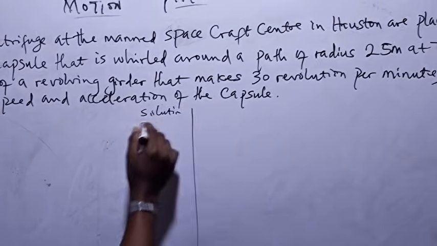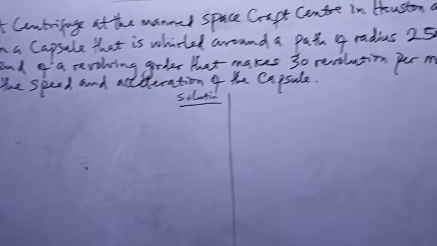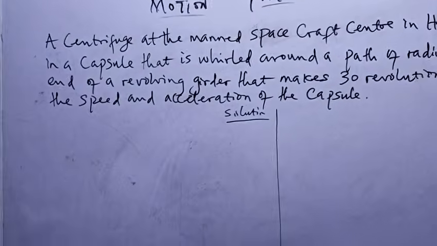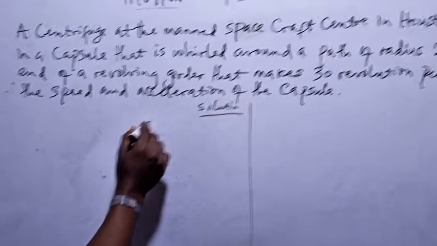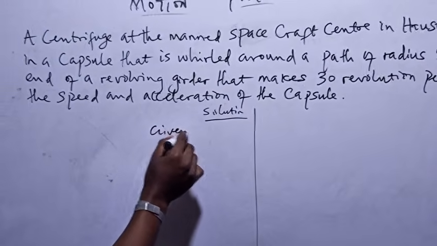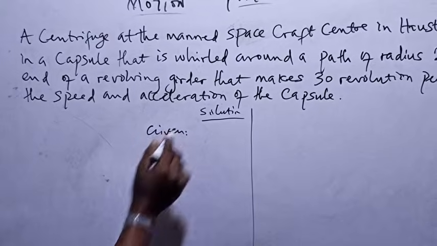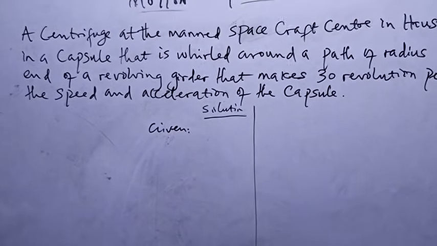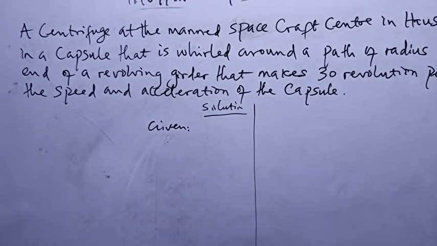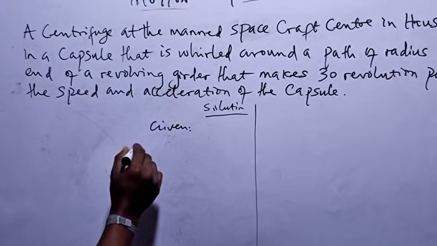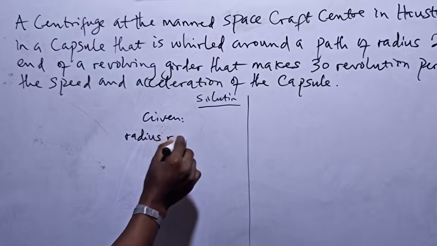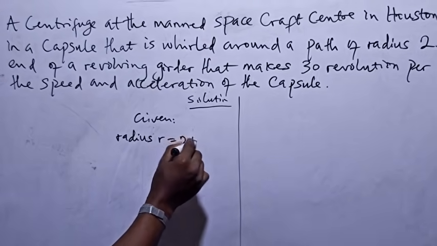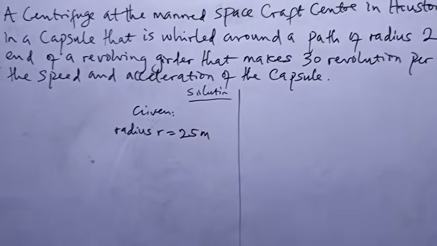Like I always say, whenever problems like this are given, the first and notable thing to do is to get the parameters that are given, so that with that we will know the formula to use in solving the problem. Now we have radius r to be 25 meters, which is given.